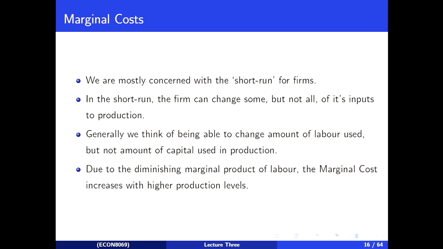And then we have the key point here, which is that we talk about diminishing marginal product of labour. The reason why we think that marginal cost increases as we try and produce more is usually that we have diminishing marginal product of labour, which means that the first person you hire to do a job is really good at that job, because you hire the best person you can.